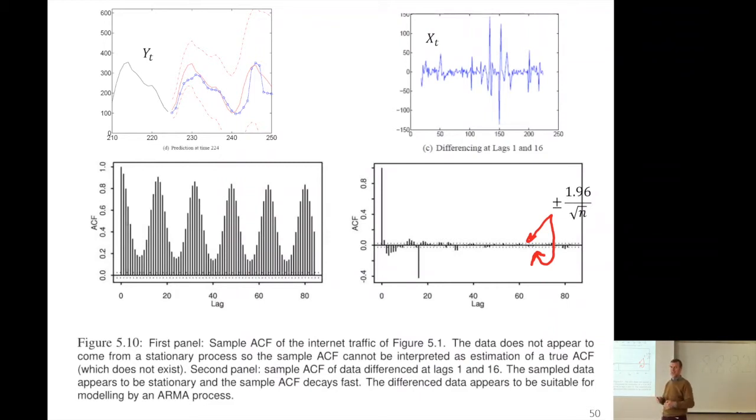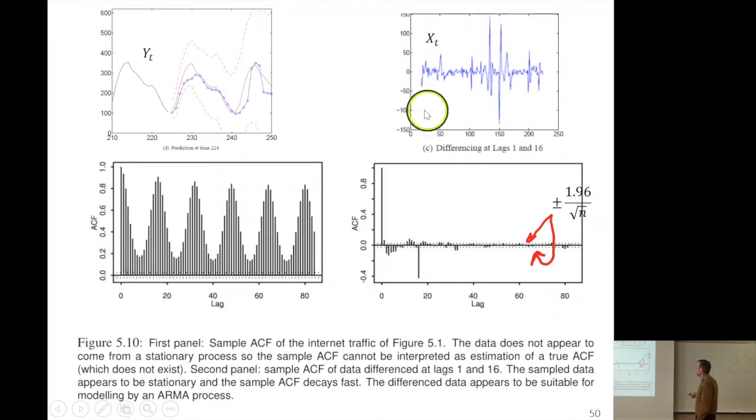So I should make it stationary first by applying, for example, delta 16, which I did here, also delta 1. So that is not a meaningful estimate of the autocorrelation coefficients. It may be meaningful to detect non-stationarity if you don't see it otherwise, but it's not really estimating the theoretical coefficients.